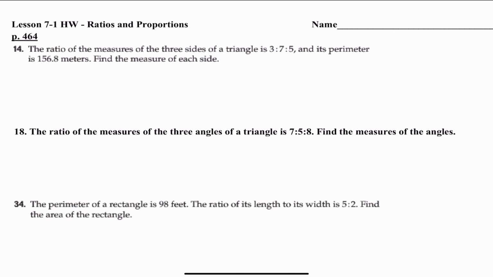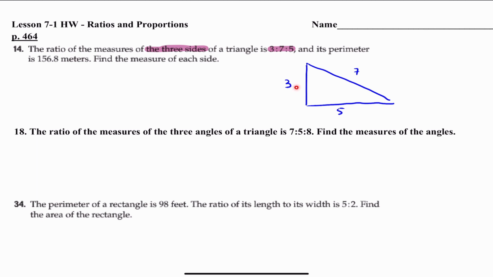I know from the notes we were talking about angles and we were setting it equal to 180, but if I were to draw this triangle, it doesn't have to be perfect, but we just need to have an idea. So we have a triangle. We know the measures of the three sides, in terms of the ratios, 3 to 7 to 5, I'm going to go ahead and put 3, 5, and 7 here.